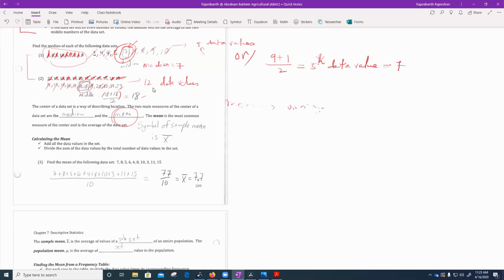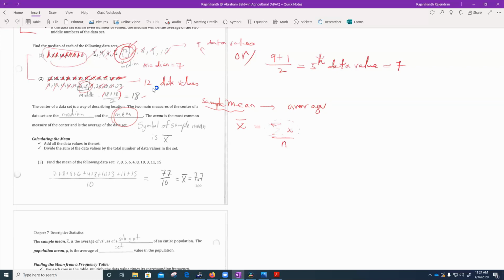Okay, how do you find the average? Here we mean the sample mean. We use x bar for sample mean. That's the formula to find the mean: summation x over n.